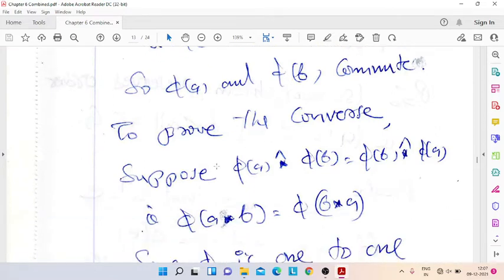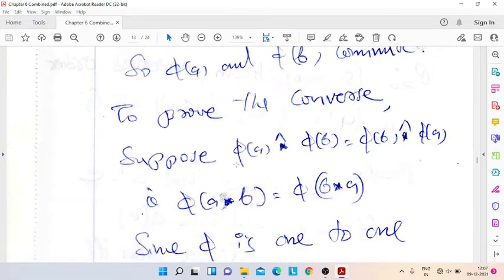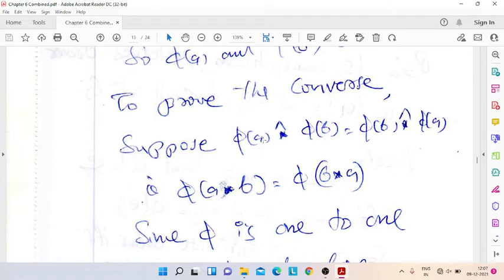And to prove the converse, we suppose that phi A star cap phi B equals phi B star cap phi A, and this happens in the second group.